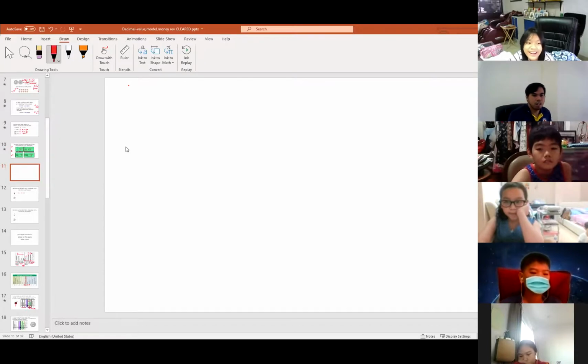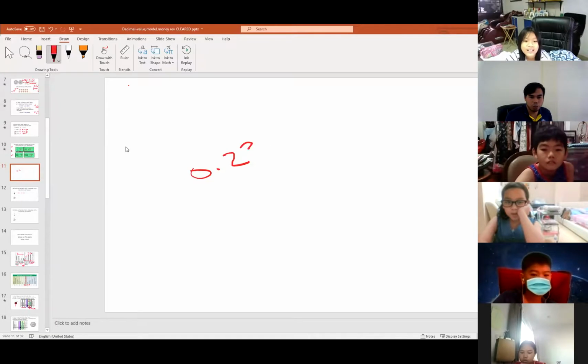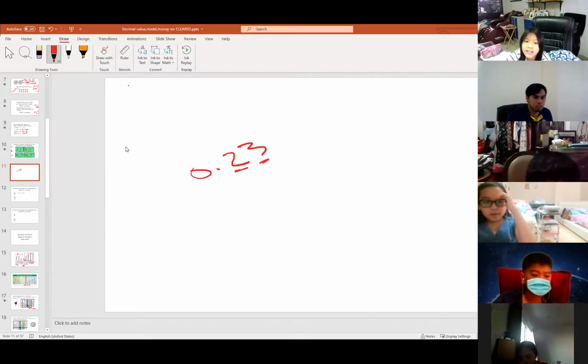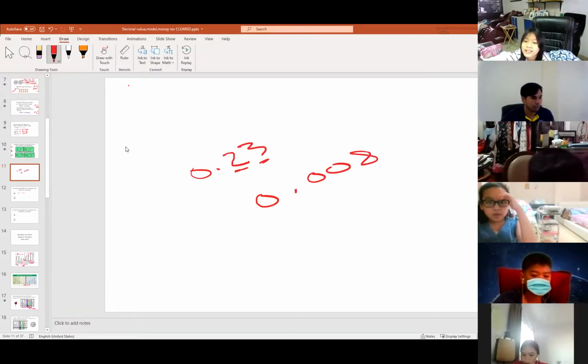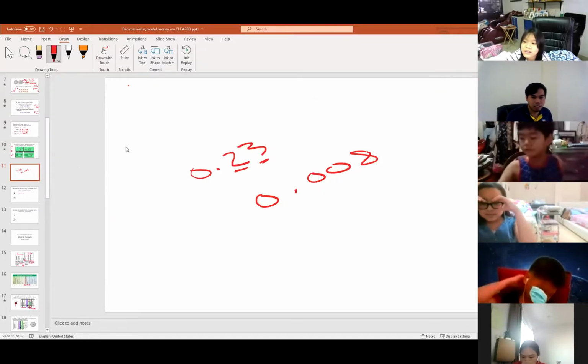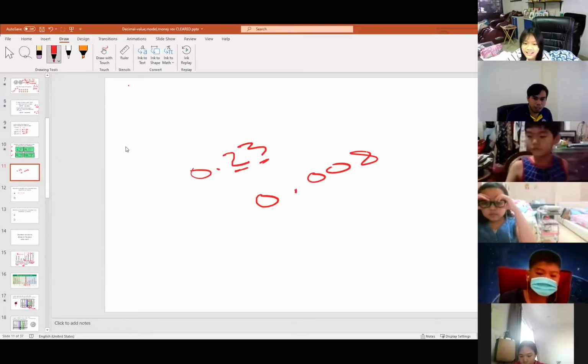Here, 0.23. What place is the 3? Hundredths. How about the 2? Tenths. 0.008: thousandths, sorry. How many decimal places can you see?